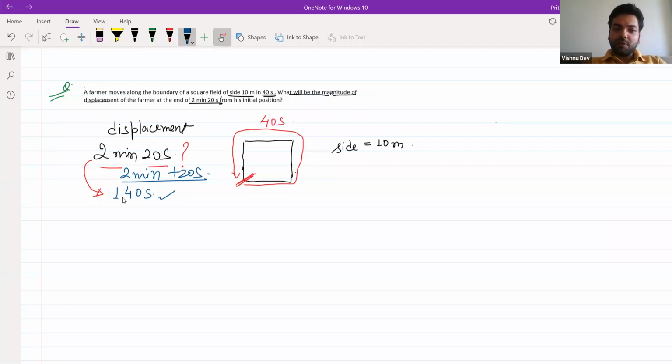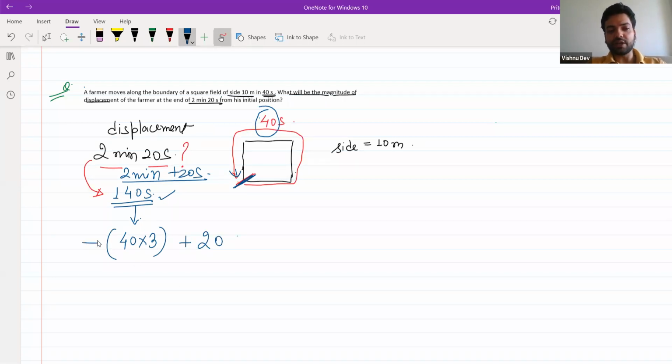Now, why am I breaking 140 seconds in terms of 40 seconds? Because in 40 seconds, whatever position the farmer starts from, the farmer will be back at that same position. So I can write 140 as 40 times 3 plus 20.